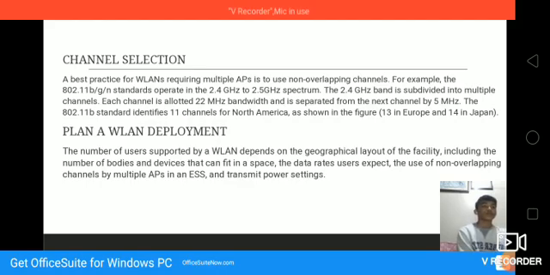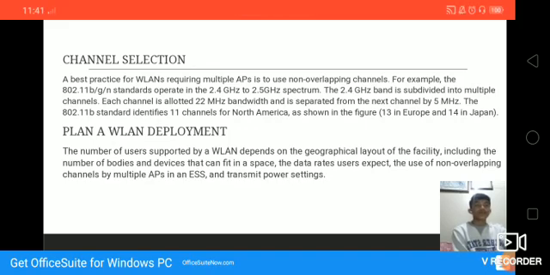The 2.4 GHz band is subdivided into multiple channels. Each channel is allotted 22 MHz of bandwidth and is separated from the next channel by 5 MHz. The 802.11b standard identifies 11 channels for North America, as shown in the figure.